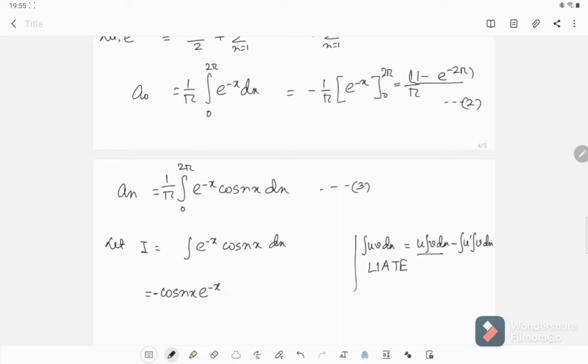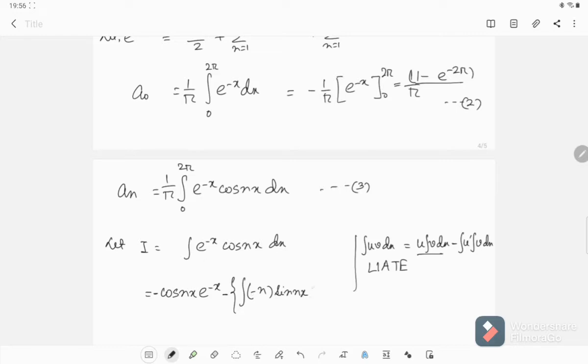And then let's give this negative sign, and then the first derivative of cos nx will produce sine of nx into minus n.